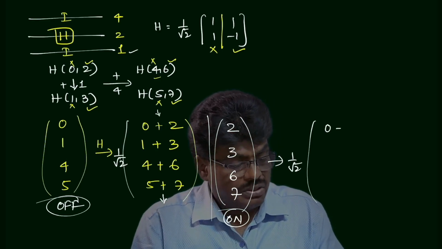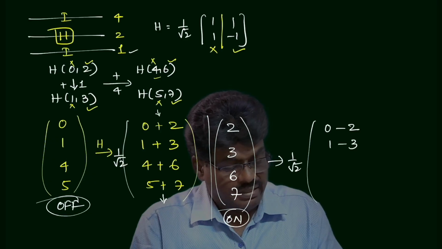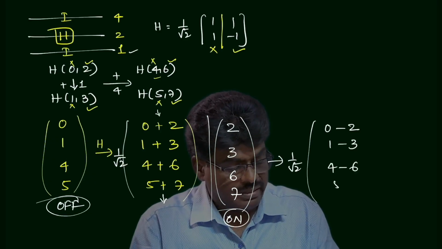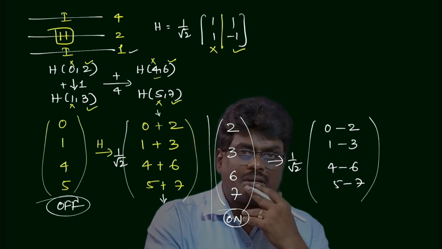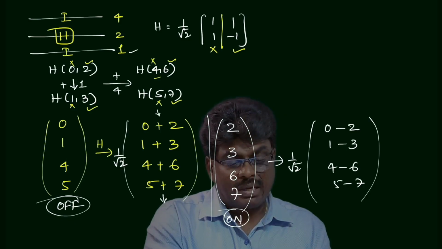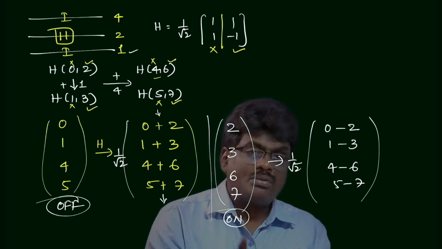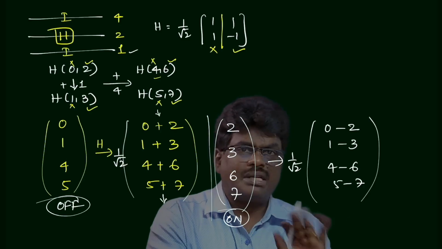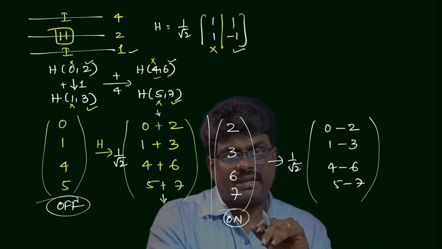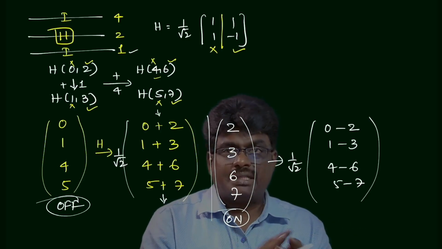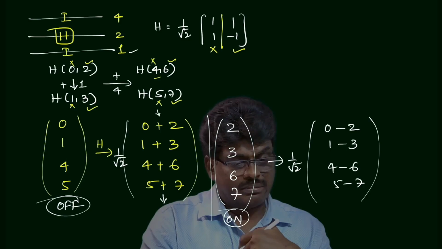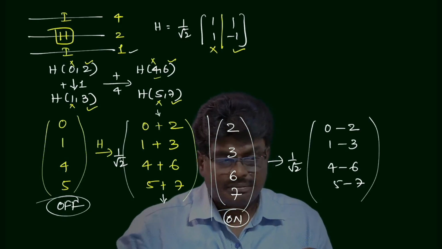That is 0 minus 2, 1 minus 3, 4 minus 6, 5 minus 7. But whenever you are having some other combination of quantum gates, maybe sometimes you will get a minus here, then you have to take the opposite, plus. That's it. You will get the answer directly. So that's it. If you want, you can check with the tensor product also. It's not a big deal. Okay, right.